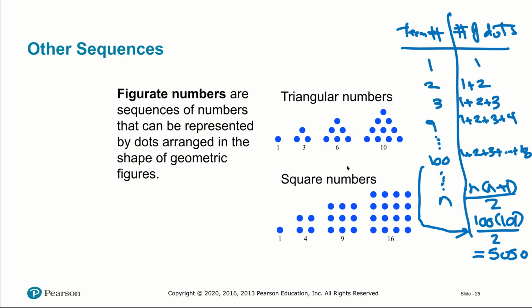So that's that. Now here's another one, square numbers, right? Pause the video, see if you can do this kind of a table and tell me what you come up with when you are done, as far as the nth term of this sequence is concerned.